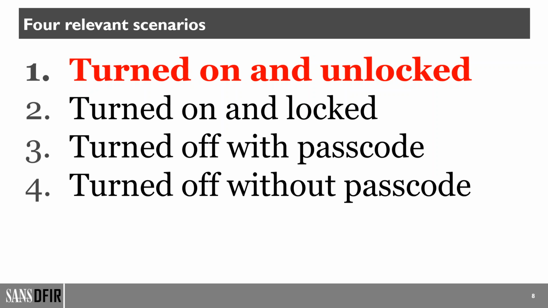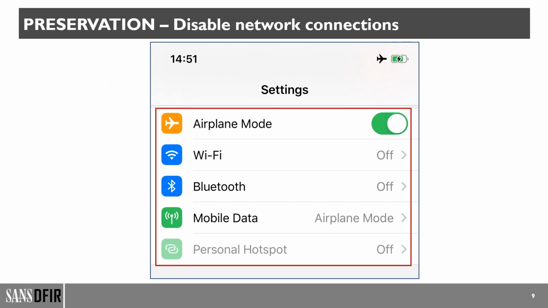This is the proper time in which you have to carefully think of what will be your next step. The first step, in my opinion, because it's turned on and unlocked, so you have access to the phone, is to try to avoid external network connections, because maybe the user or someone can send some wipe commands, which is the worst scenario, but also can selectively remove some information, like removing a chat, remotely.